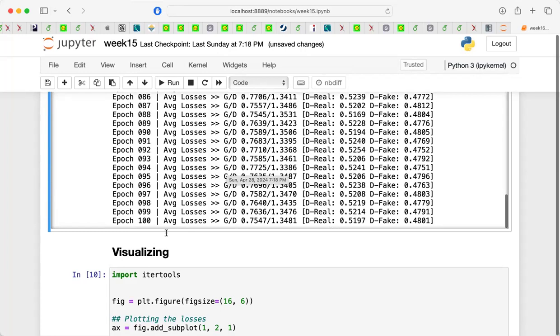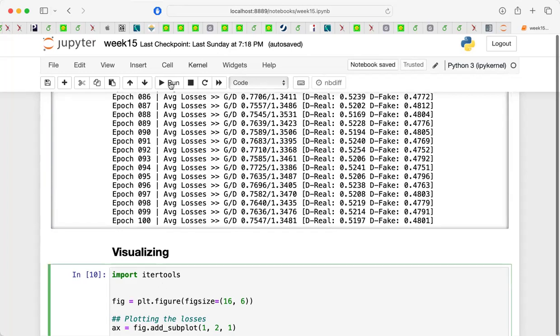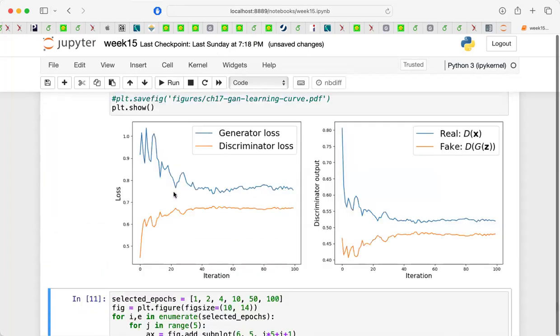It should be done now, so let's visualize the data. You can see now, as a function of the number of epochs or iterations, the different loss functions.